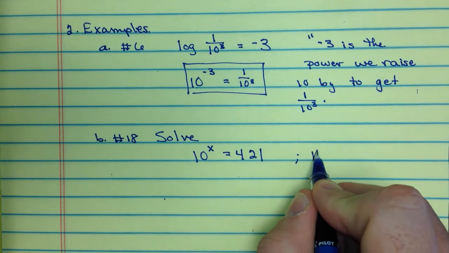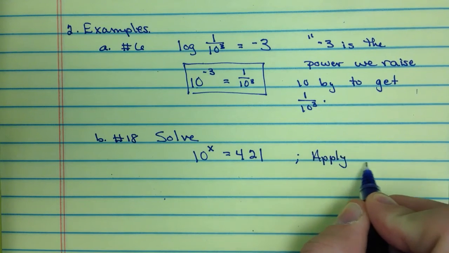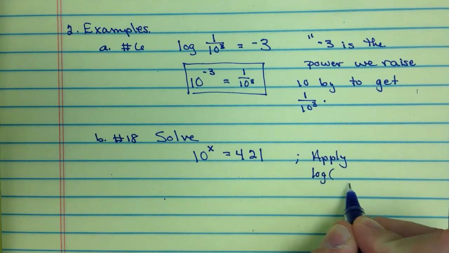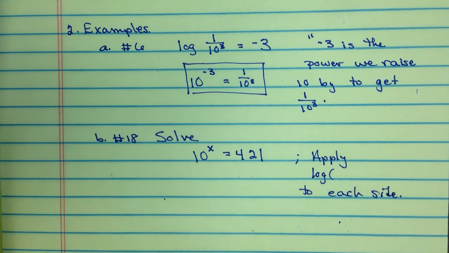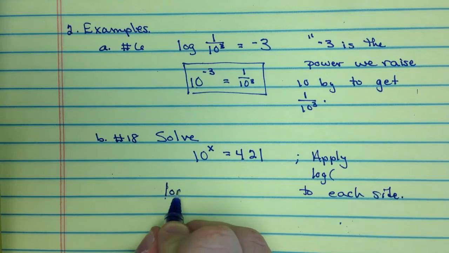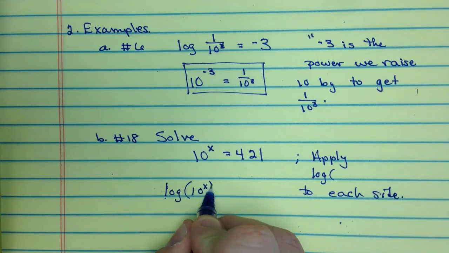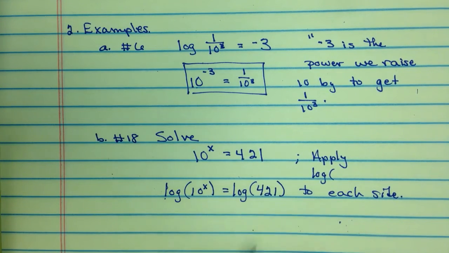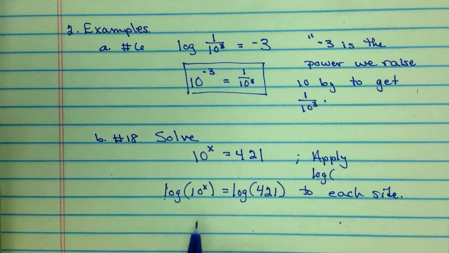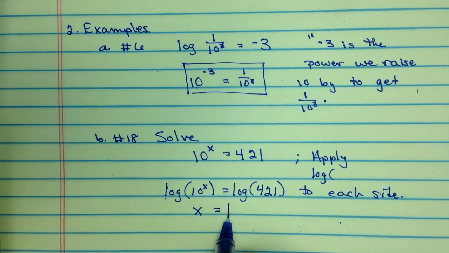Now what we want to do is apply the common logarithm to each side. When we do that, we get log of 10 to the x equals log of 421. Then from the properties that we learned in the last video, the log of 10 to the x is simply x, and we're left with log of 421 on the right.